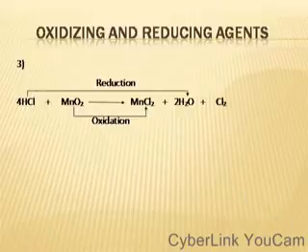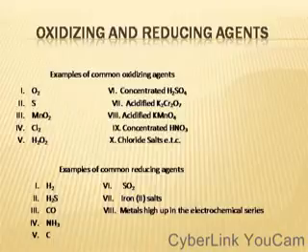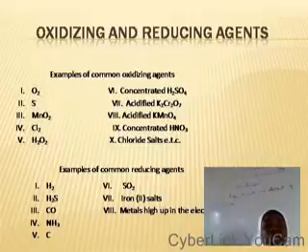Now let's look at common oxidizing and reducing agents. As we have seen there, oxygen, sulfur, manganese 4 oxide, chlorine, peroxide, concentrated H2SO4, and so on, are all examples of oxidizing agents. Now, reducing agents.